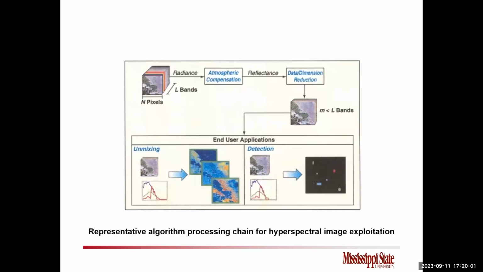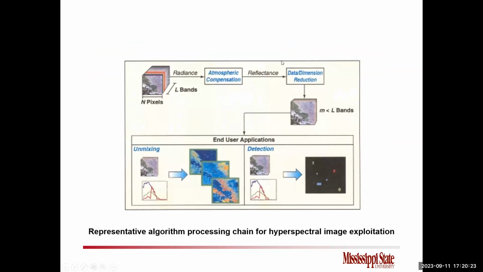This is some processing chain. I copied this from a tutorial paper published in Signal Processing Magazine. So we have the original data come in, then we need to do some calibration or atmospheric correction.